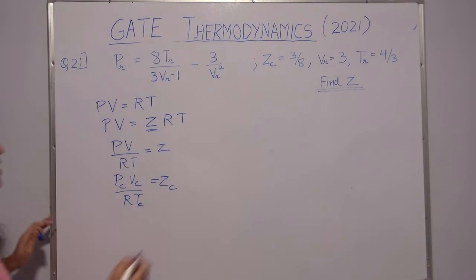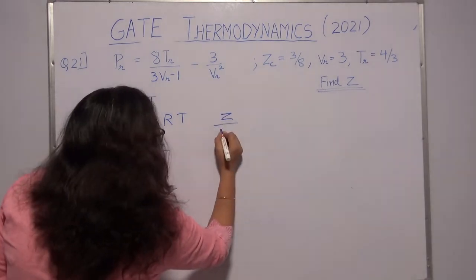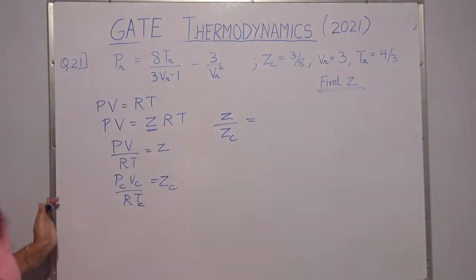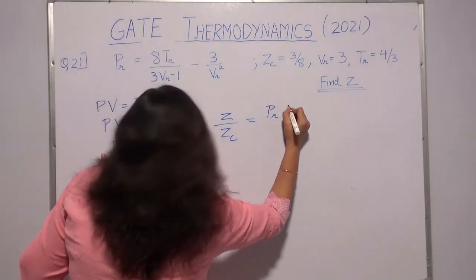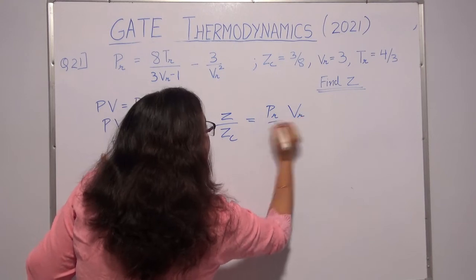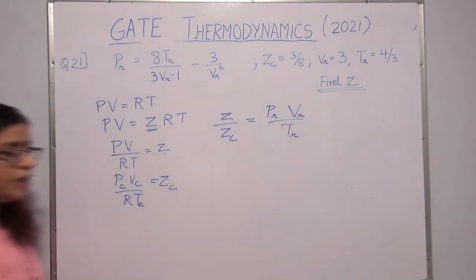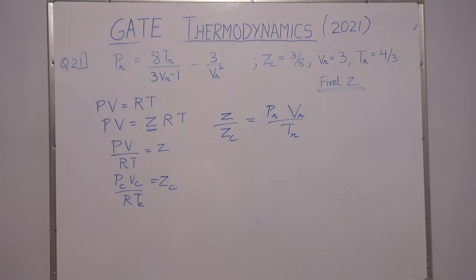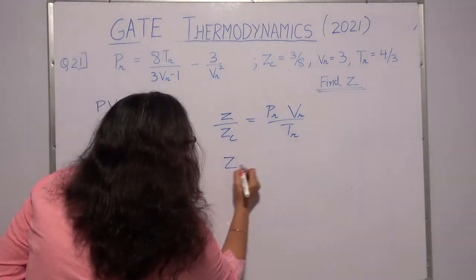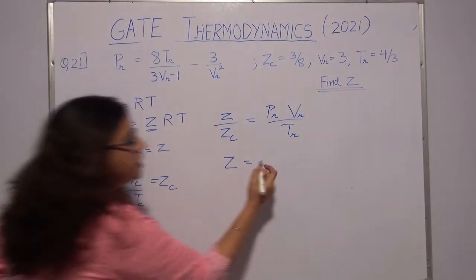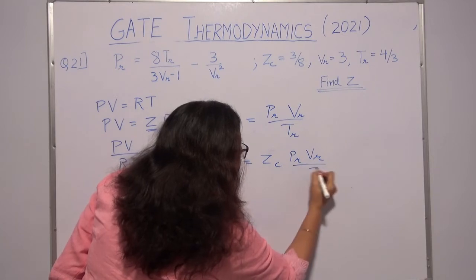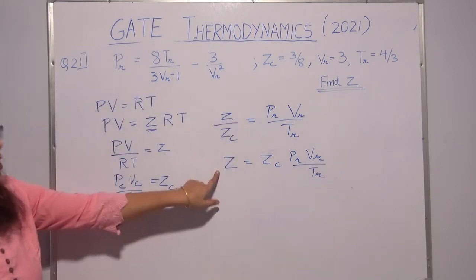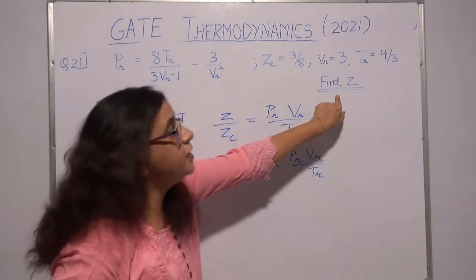So what I get is Z divided by Z_C equals P_R V_R upon T_R. Do it yourself and check that you get the same equation. So my compressibility factor will be equal to Z_C P_R V_R upon T_R. That is what you have to find, your compressibility factor.